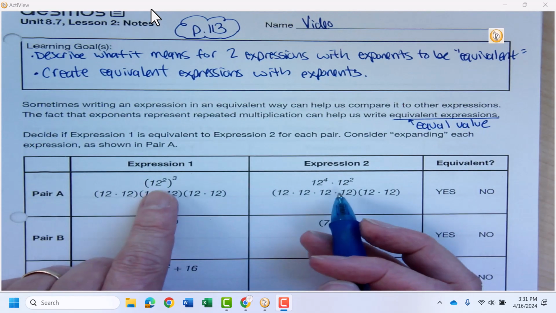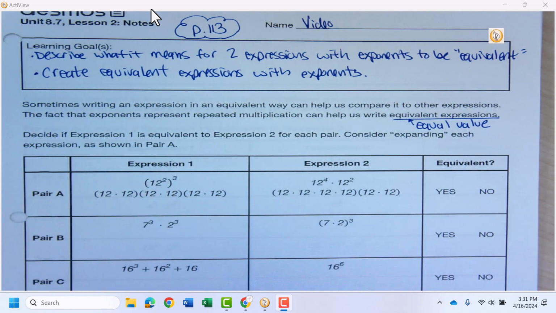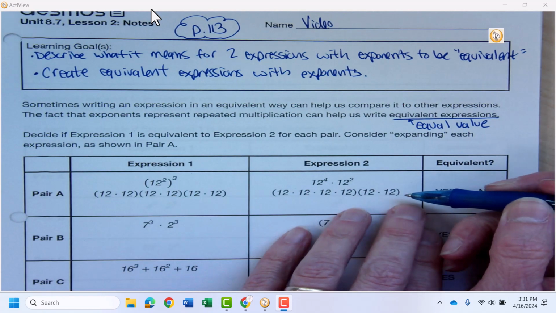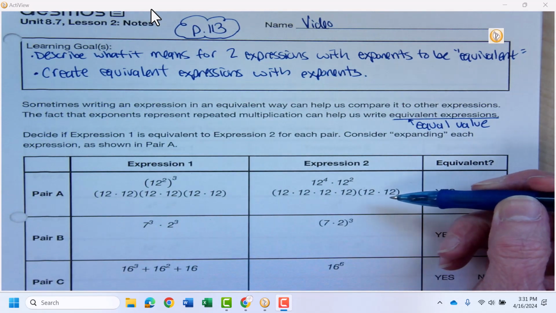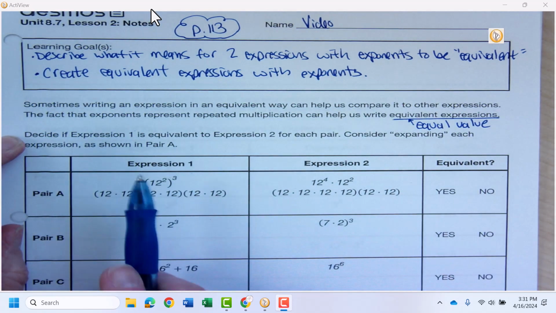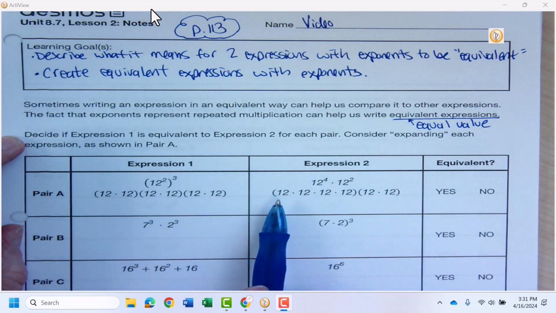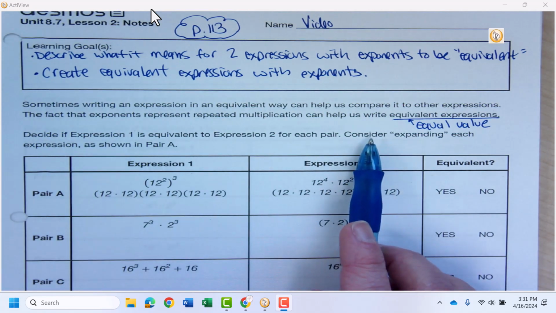We're going to look at some patterns and talk about some rules that we used in the activity. But when in doubt, writing out all of the factors might help you to see things more clearly. So we're going to decide if expression 1 is equivalent in value to expression 2 for each of these pairs. And this is a good tip.